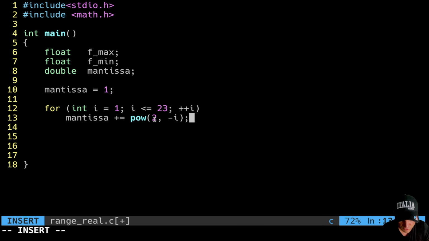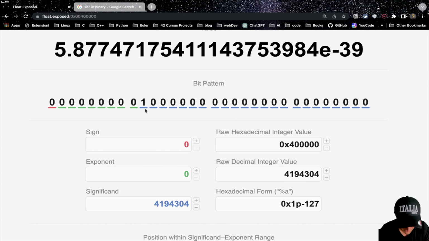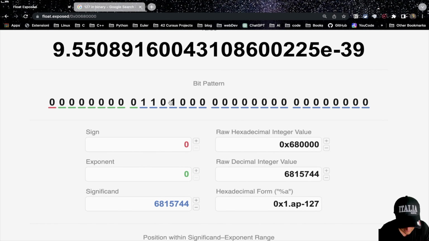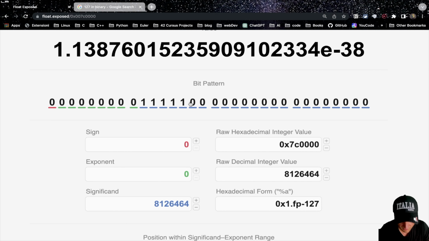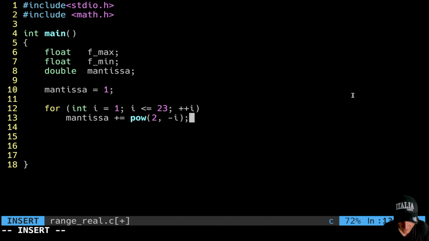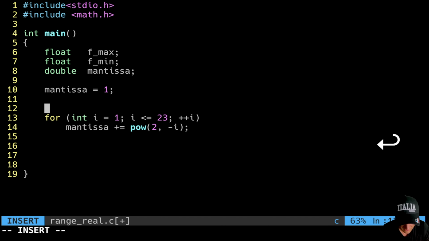So initially it's going to be 2 raised to minus 1, 2 raised to minus 2, 2 raised to minus 3, and so forth. Basically, I'm adding all these bits, and so forth, till the last one, which is the one at position 23. So the mantissa essentially is going to get a value which is very, very close to 2, you see?